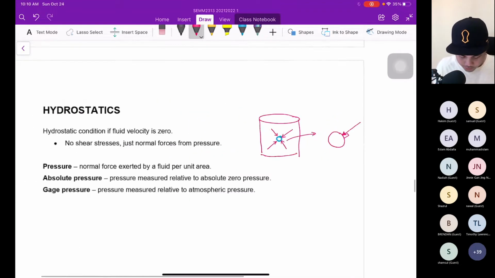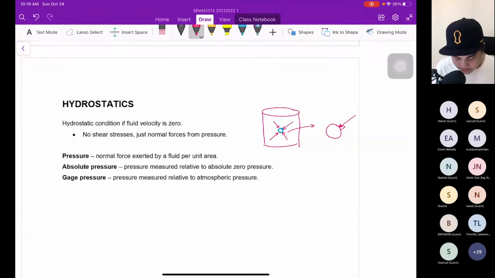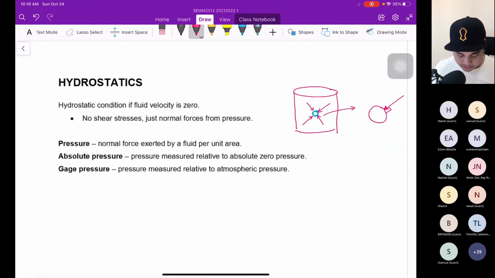So this is what it means: just normal force from pressure. That means the pressure gives the force. So pressure is basically normal force exerted by a fluid per unit area. I believe all of you know this. The pressure is basically force over area.